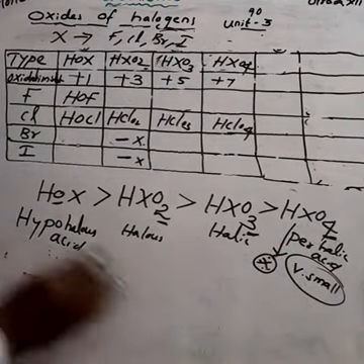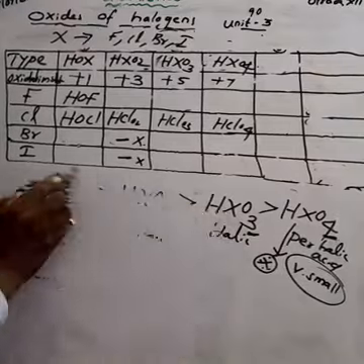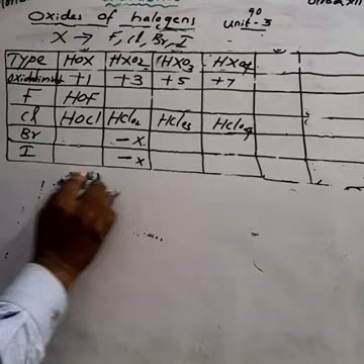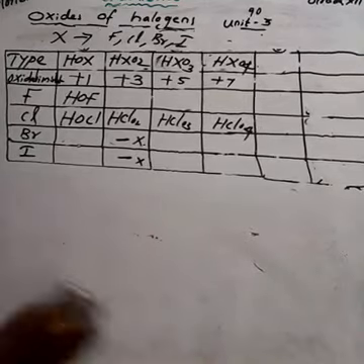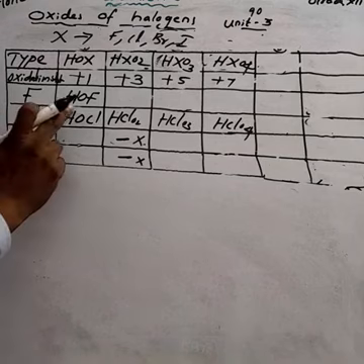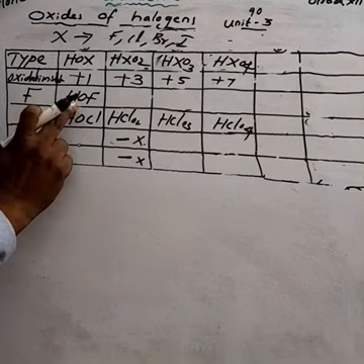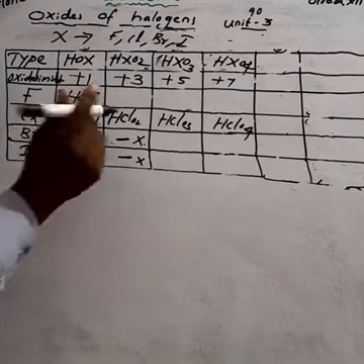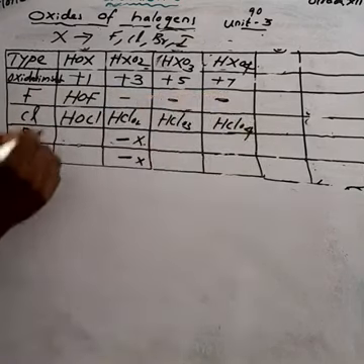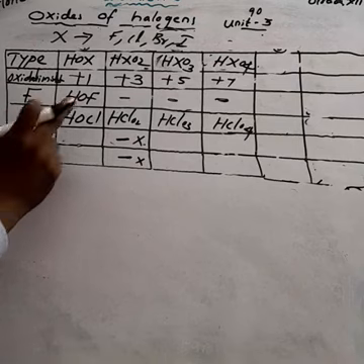What are the examples of oxoacids of halogen? First, I am taking fluorine. Fluorine has only one oxoacid of halogen, of type HOX.